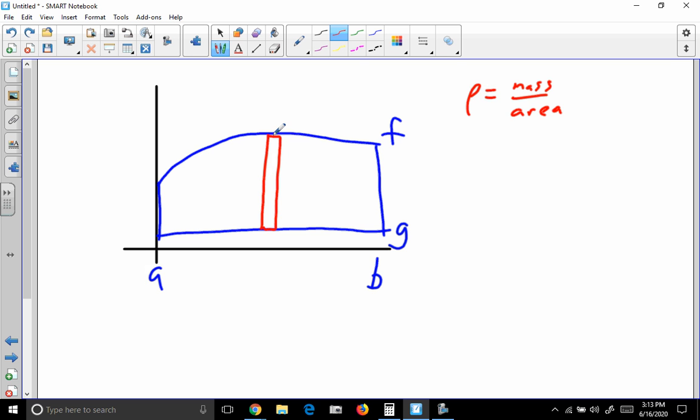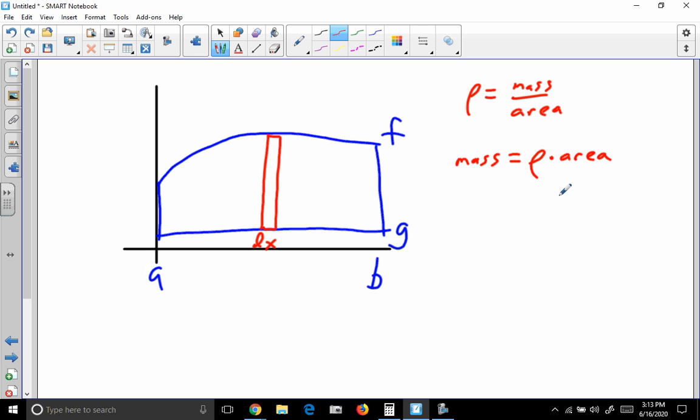So let's start out by how would we find the mass of our sample element, which has a thickness dx? Well, if we rearrange that equation, mass is just the density times the area. How do we get the area of that box? It's the height times the width.